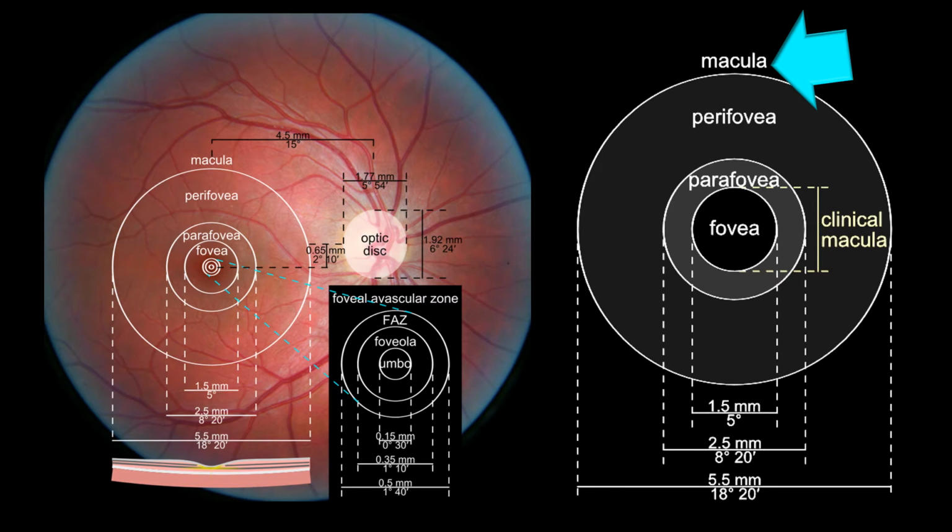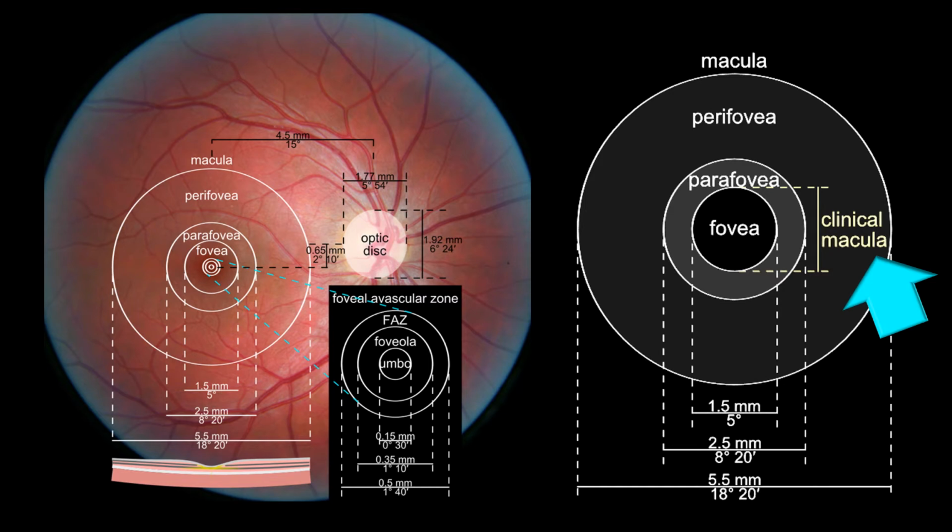The macula, so defined, has three components: the perifovea, the parafovea, and the fovea. The histological macula has a diameter of 5.5 millimeters and covers a visual angle of about 18 degrees.